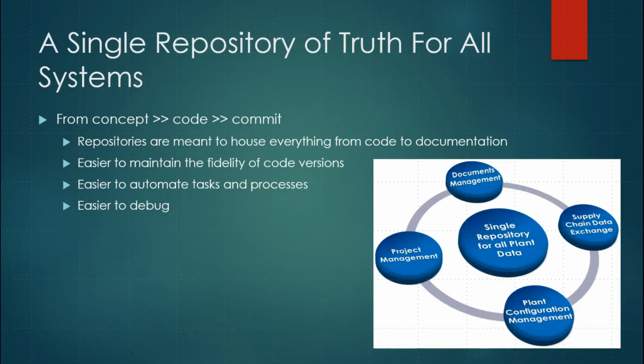Thanks, Hiram. Kim here, and I'm going to talk to you about the single repository of truth for all systems, not just code. Really, what a single repository of truth means is that everything that's related to a project, an environment, a system is all in one place, from concept to code to commit.